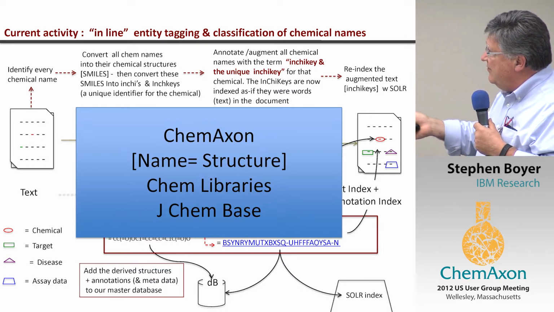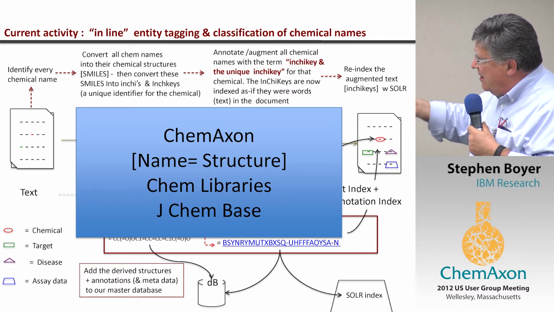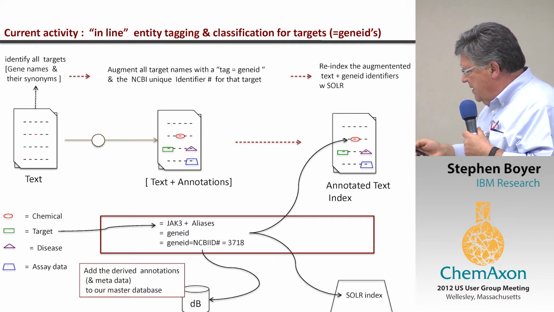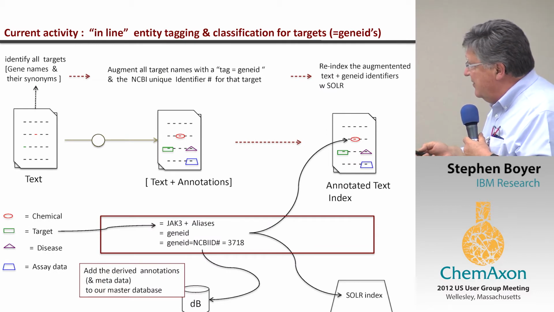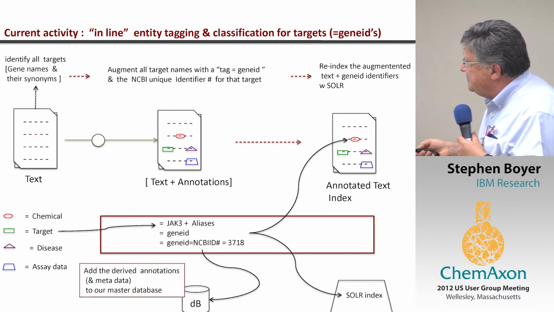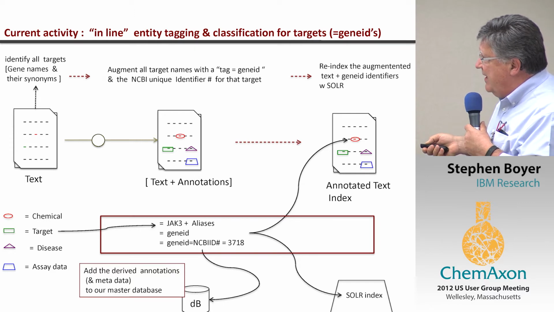To do this, as I said, we use several ChemAxon tools under the covers. In addition to doing this with chemicals and chemical names, we're now doing it with gene IDs and gene aliases.